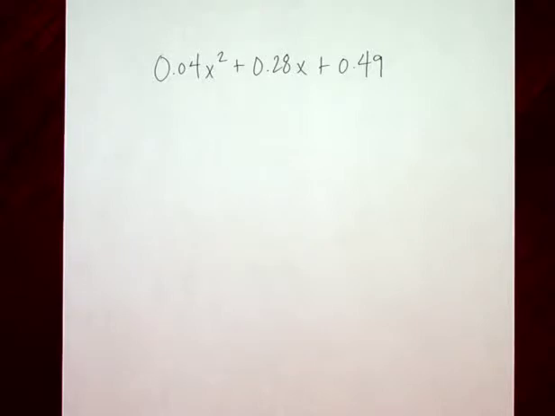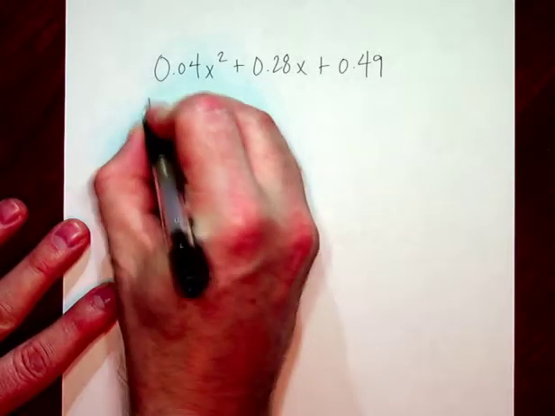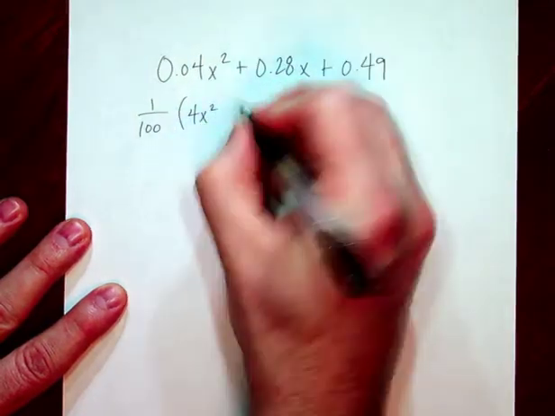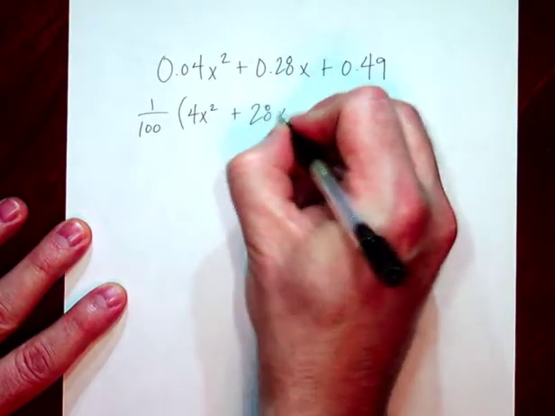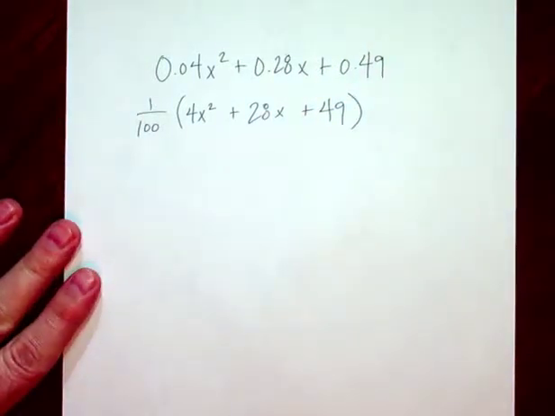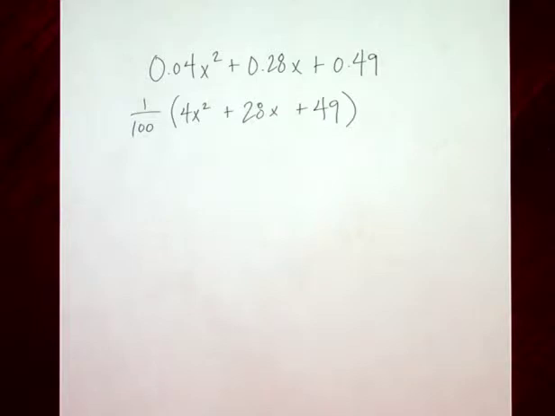But if you don't have to, why would you want to? When all you really have to do is just factor out a 1/100th, and then you have whole number, or integer, coefficients.